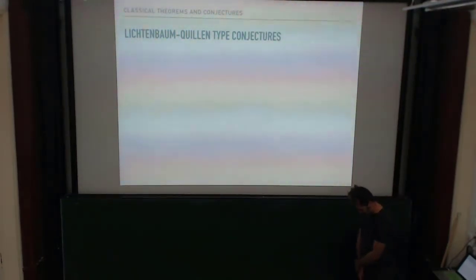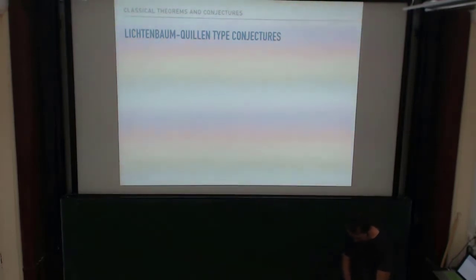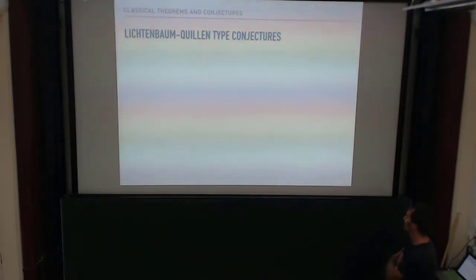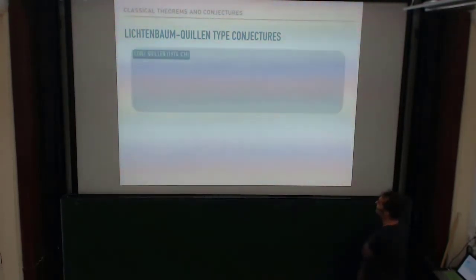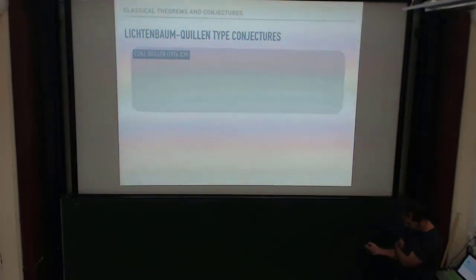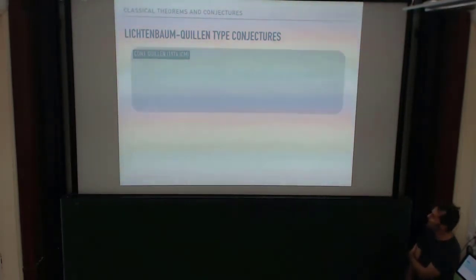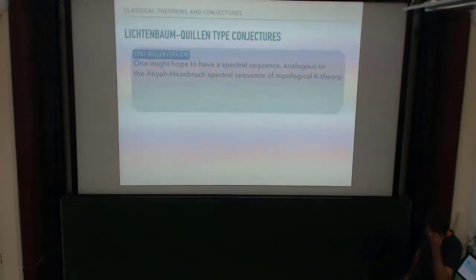Now I'm going to remind you about the Lichtenbaum-Quillen or Quillen-Lichtenbaum conjectures. The stated version is from this ICM address of Quillen in 1974. He says that one might hope to have some spectral sequence analogous to the Atiyah-Hirzebruch spectral sequence in topological K-theory.